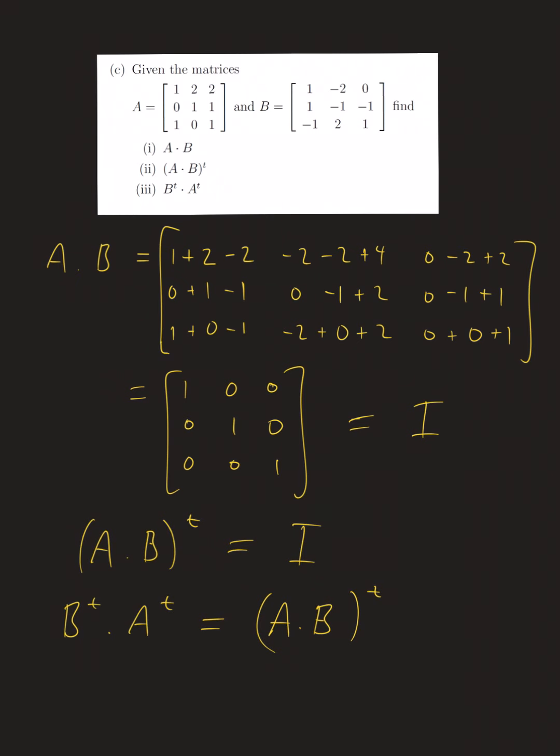So if you want to get the transpose of a product, like A times B, it's the transpose of B times the transpose of A. Don't get these mixed up, because remember that for matrices, it matters which order you multiply them in. So A times B is not the same as B times A. In general, A times B is not the same thing as B times A. So A times B transpose is B transpose times A transpose. That identity is there in the notes as well.